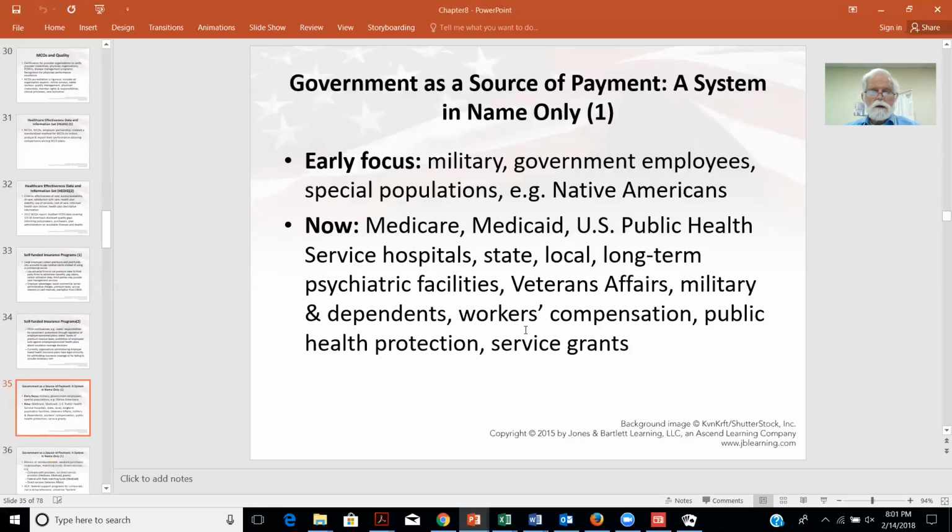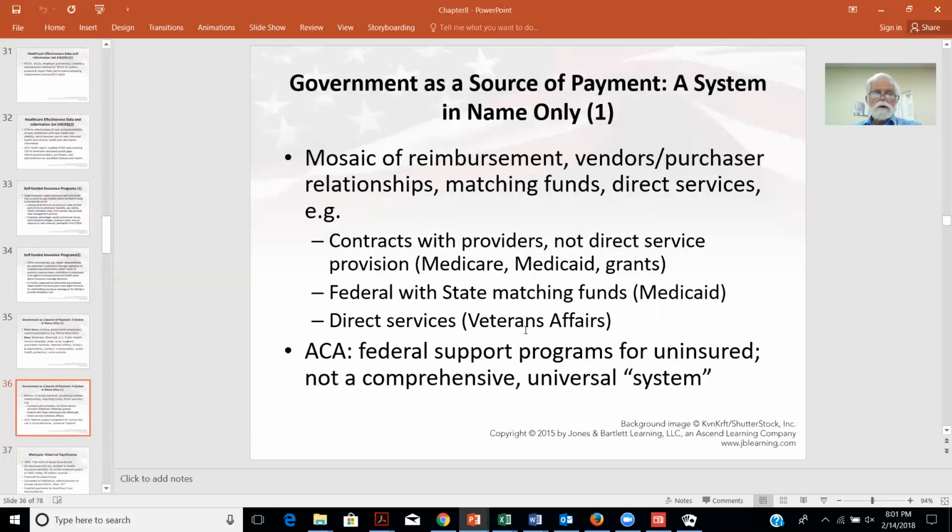The government as a source of payment, as it says here, a system in name only, used to be just the military, certain government employees, not all of them, and some special populations such as Native Americans would have their own medical service. Now we have Medicare and Medicaid, the public health service, we have veterans, the VA, et cetera, working as governmental sources of payment.